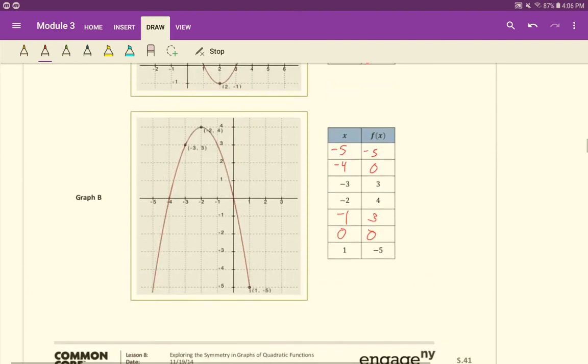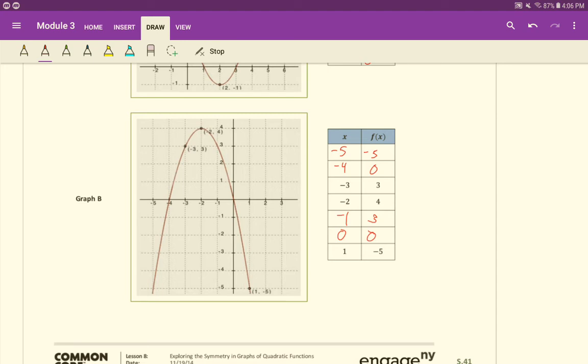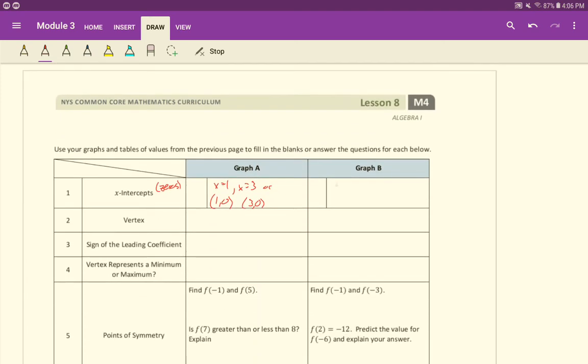Graph B, go ahead and do that. What are the x-intercepts? Pause the video and answer. Okay, hopefully you got here and here. So -4 and 0.